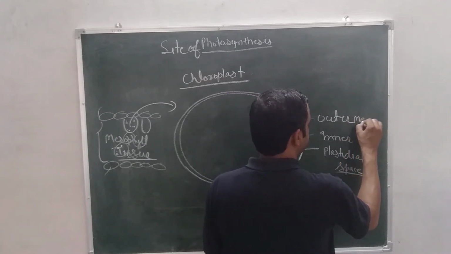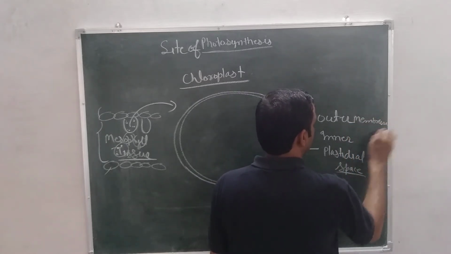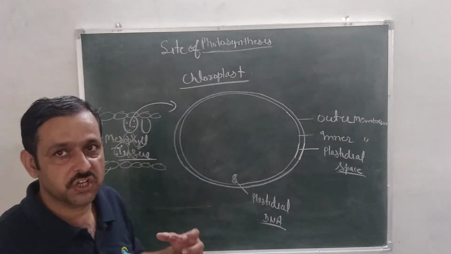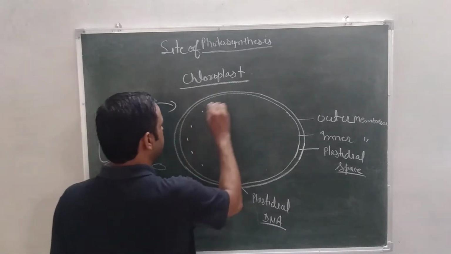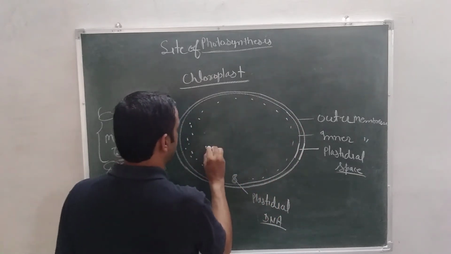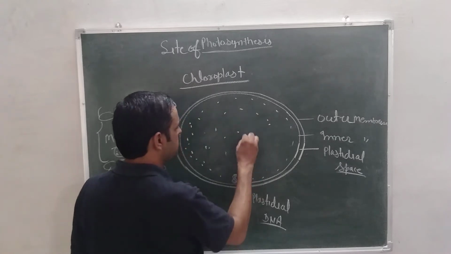Outer membrane and inner membrane. Chloroplast has two main structures in it. The matrix of chloroplast, or we can say the liquid part of the chloroplast, is called stroma.